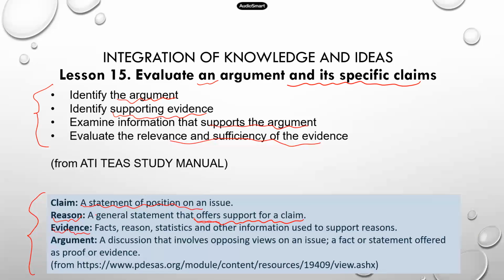So evidence can be fact, reason, statistics, and some other information used to support the reason. I said earlier, the claim is too much sugar is bad for your health. And one reason for that is diabetes can be caused by taking in too much sugar. And the evidence can be, say, a research study.